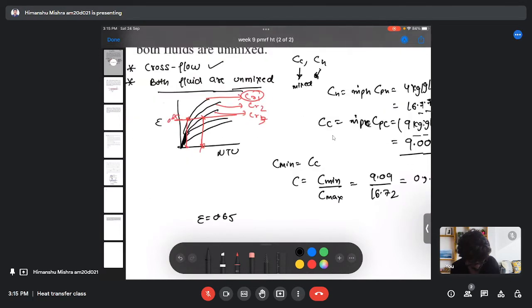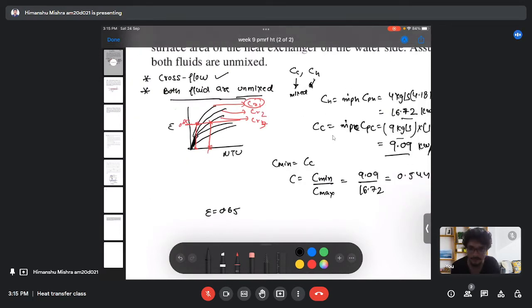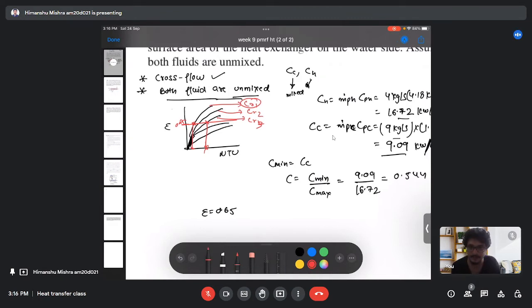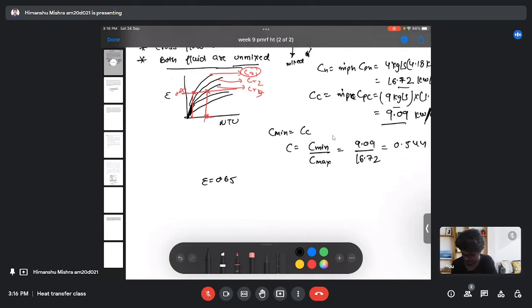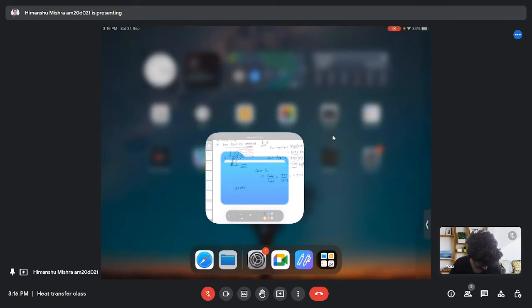So we have the effectiveness 0.65, and the heat capacity ratio 0.544, and by using this graph we can find the NTU. So I will write directly the NTU value. You can check later by using the graph. So let me check with the graph myself.